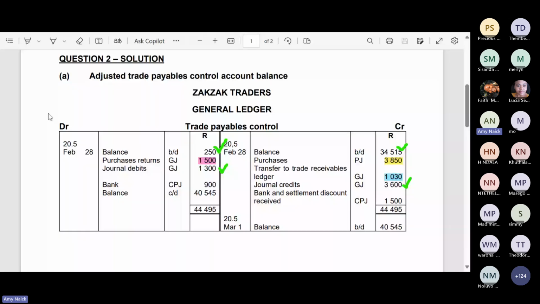I can draw this trade payables, but obviously this is a learning exercise, right? It's not for you to write like this in the exam, because that's going to be very difficult for the person who's marking. But maybe what I can do is say purchases, this relates to transaction 1, and label it according to the transactions that occur.